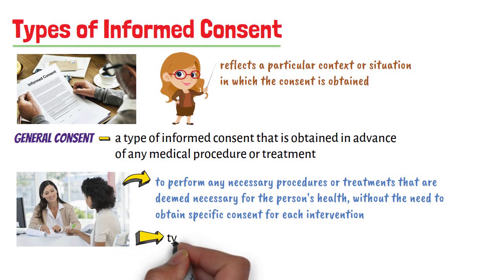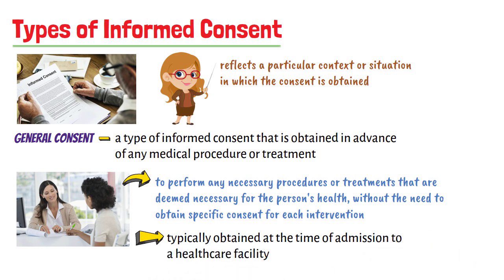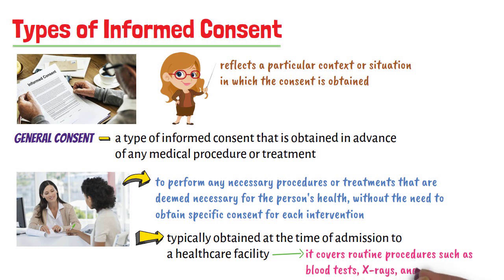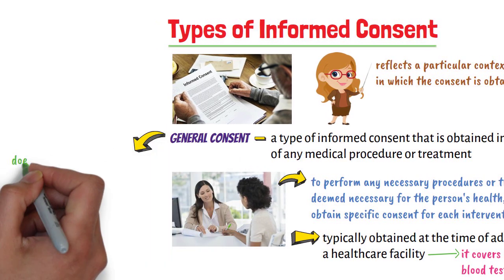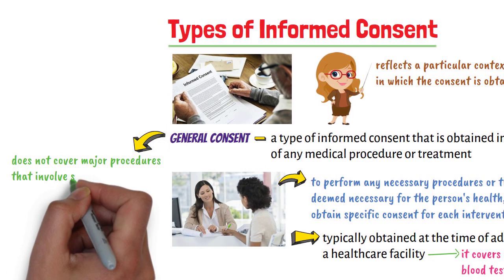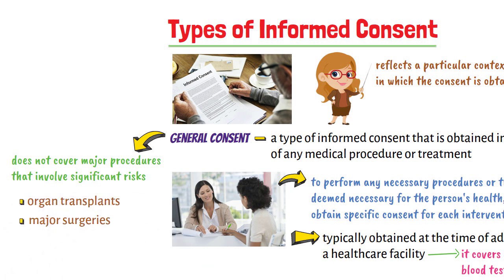General consent is typically obtained at the time of admission to a healthcare facility, and it covers routine procedures such as blood tests, X-rays, and minor surgeries. However, general consent does not cover major procedures that involve significant risks, such as organ transplants or major surgeries.